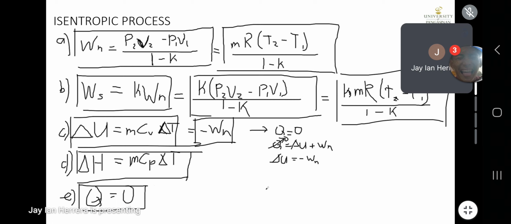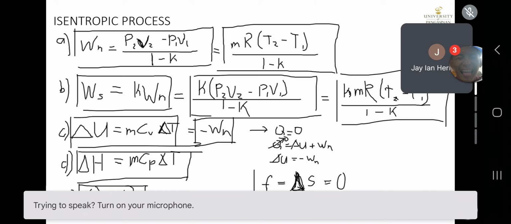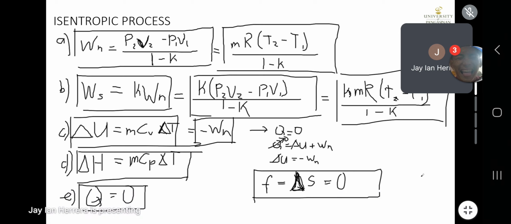Then lastly, our change in entropy is also 0, kasi nga constant entropy or adiabatic. Okay. Yan, paki-screenshot na lang, mabilisan.